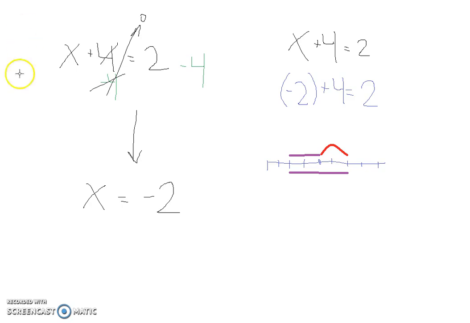So let's try one that's a little bit more complex. How about, making this up off the top of my head, 4x divided by 3, and I'm not going to overcomplicate anything.